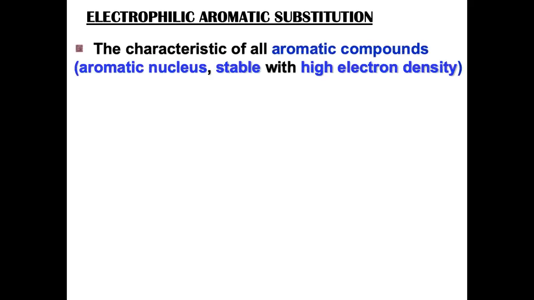Electrophilic aromatic substitution. Remember, we have three types of substitution: electrophilic substitution, nucleophilic substitution, and free radical. For electrophilic aromatic substitution, the characteristic of all aromatic compounds is an aromatic nucleus that is stable with high electron density.